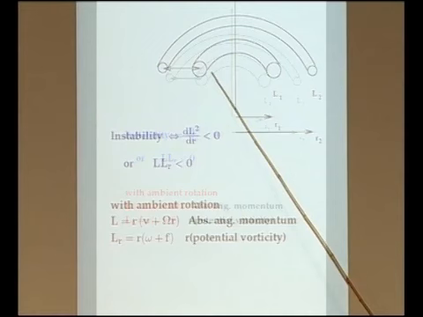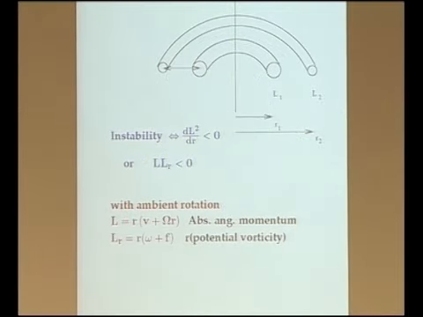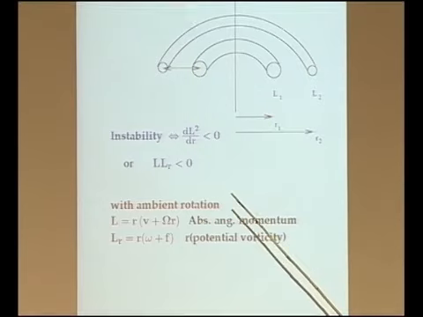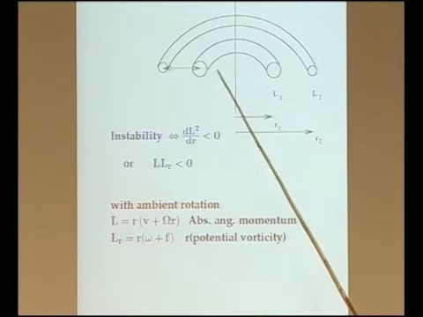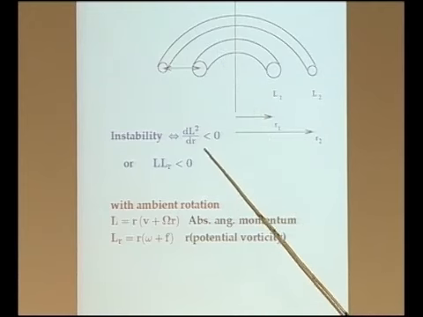The criterion for centrifugal instability goes way back to Rayleigh, where he argued from simply looking at an axisymmetric flow, axisymmetric dynamics, and interchanging two rings of fluid, and looking at whether or not you release energy by interchanging rings of fluid.